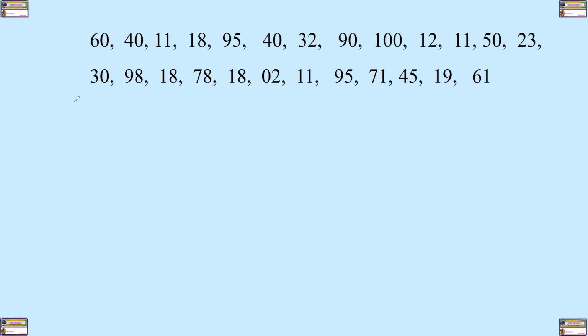So we read 5 elements, then when moving to the 6th element, we know the row has changed: 60, 40, 11, 18, 95. Then 40, 32, 90, 100, 12. Then 11, 50, 23, 30, 98. Then 18, 78, 18, 02, 11. Then 95, 71, 45, 19, 61.